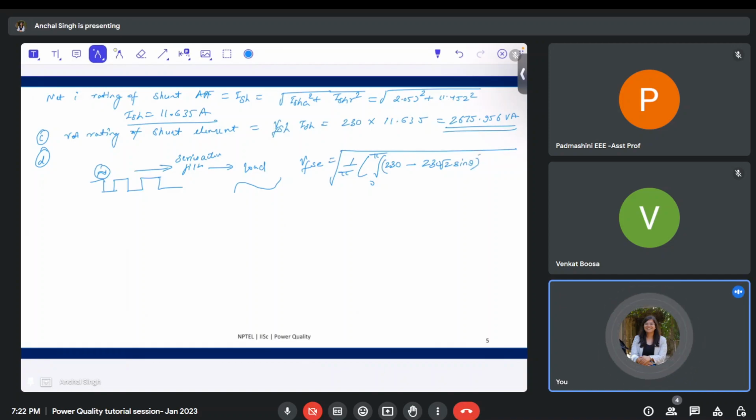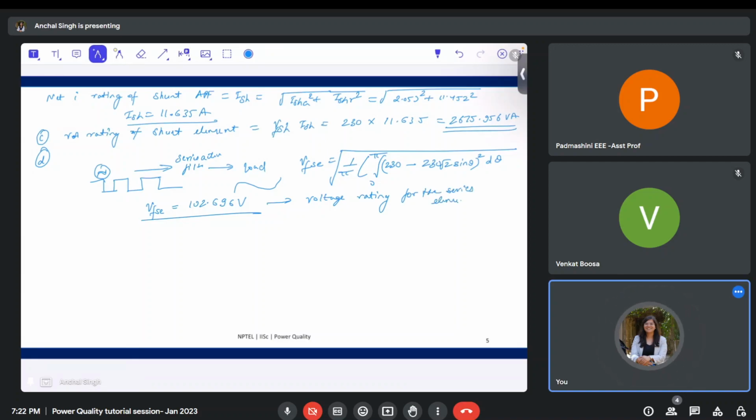Since we are calculating the RMS, we'll take the d theta and the square root. So after calculating this, VFSE will come out to be approximately 102.696 volts. So this is the voltage rating for the series element.